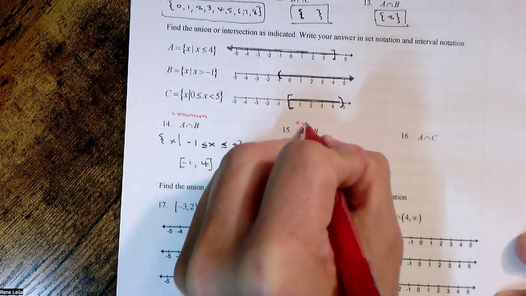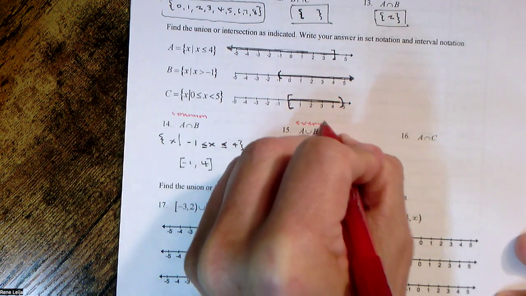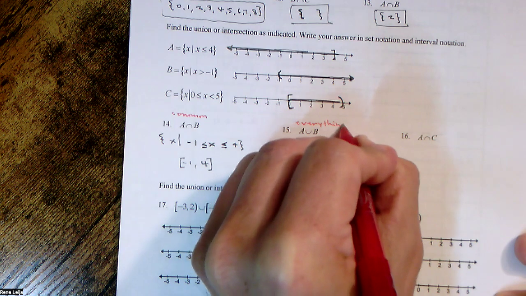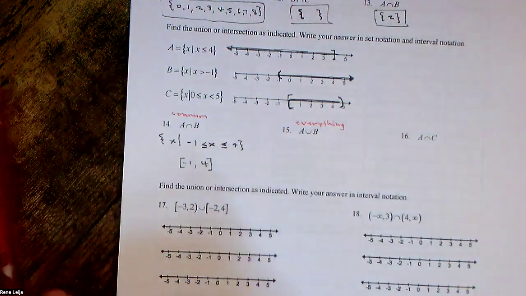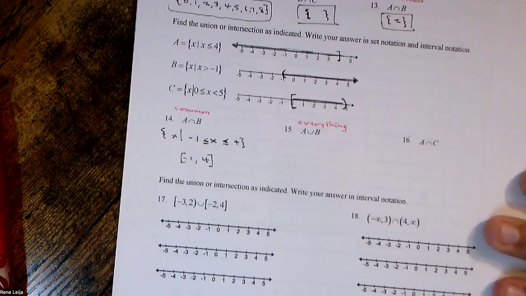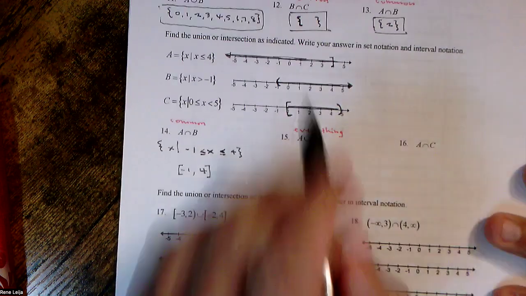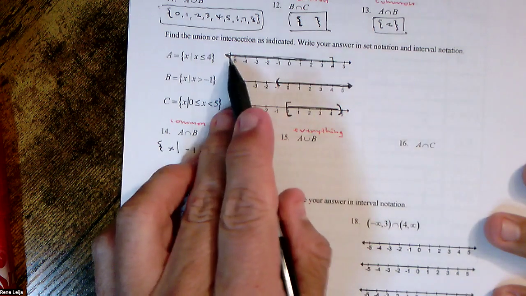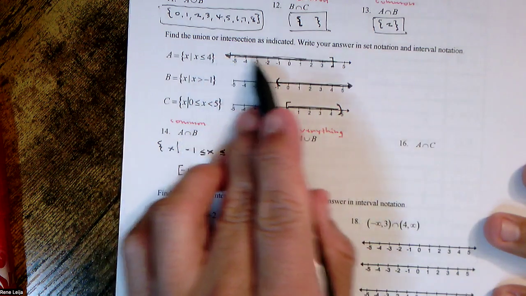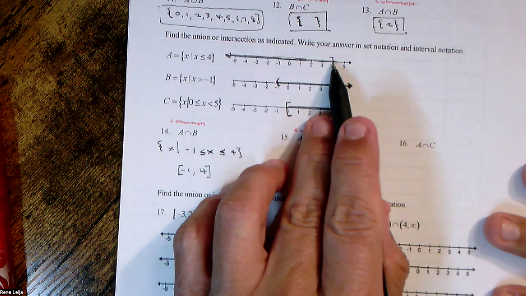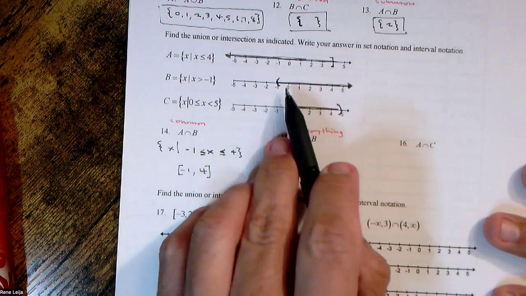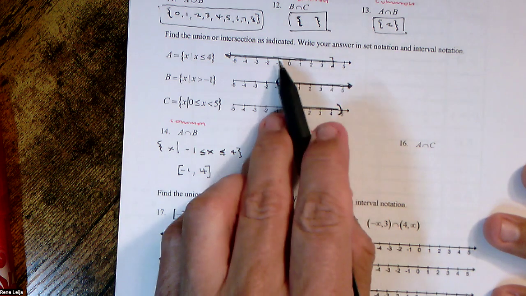This means I want everything from set A and everything from set B. So notice that set A, we start at negative infinity and we go all the way up to 4. And then set B starts at negative 1.